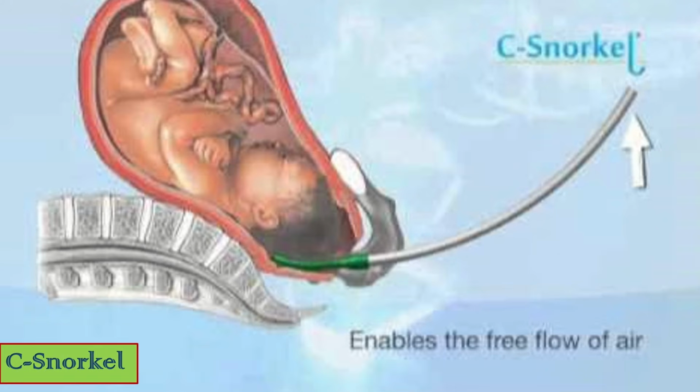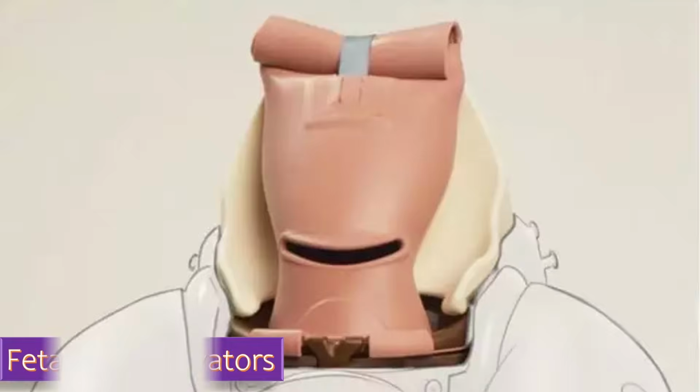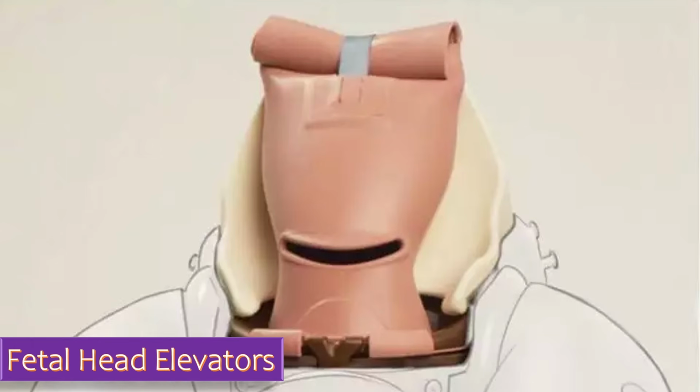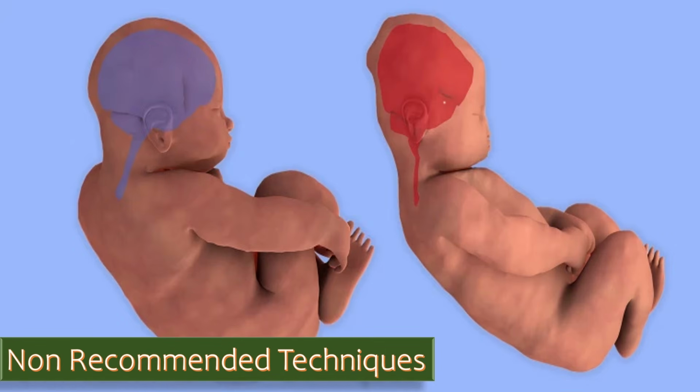The C-Snorkel is a disposable tube with a ventilation port intended to release the vacuum between the fetal head and the vaginal wall. Next come the fetal head elevators, which are specifically designed obstetric spoons, which look similar to a single blade of obstetric forceps and have been described to deliver the impacted fetal head. There are certain non-recommended techniques as well, but no proven best technique is there for management of impacted fetal head at cesarean birth.